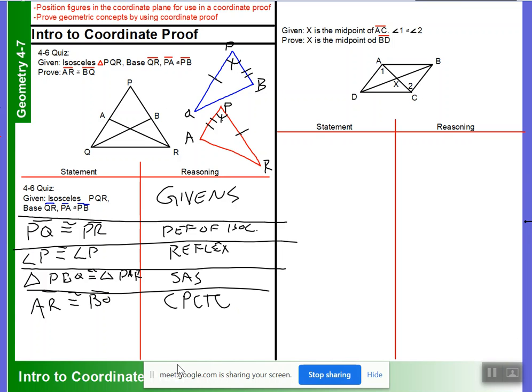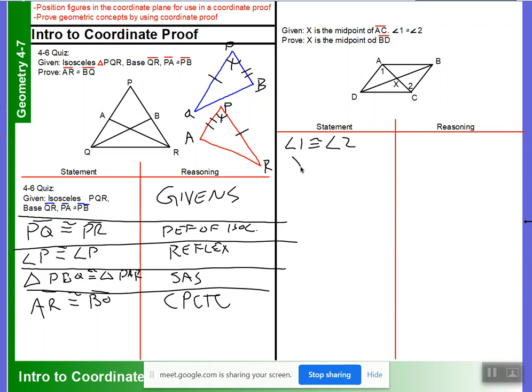All right. So you said that we know that angle. Oh, that's the wrong thing. My pen switched. All right. So we know that angle 1 is congruent to angle 2. And we also know that X is the midpoint of AC.